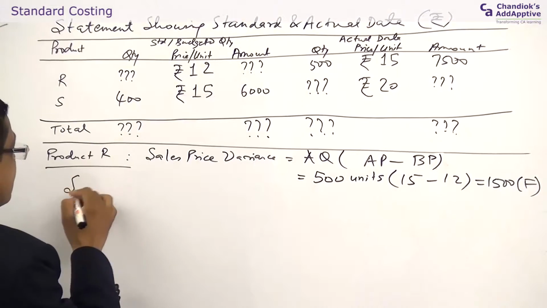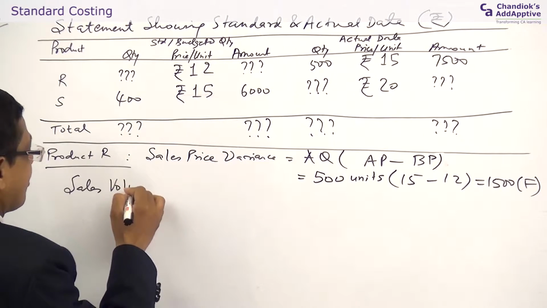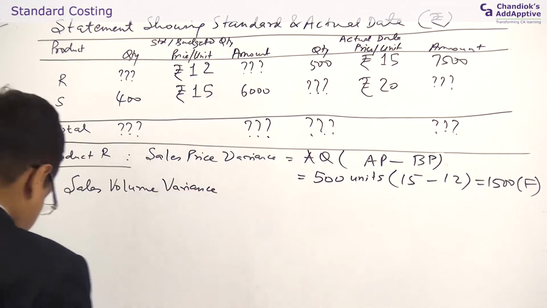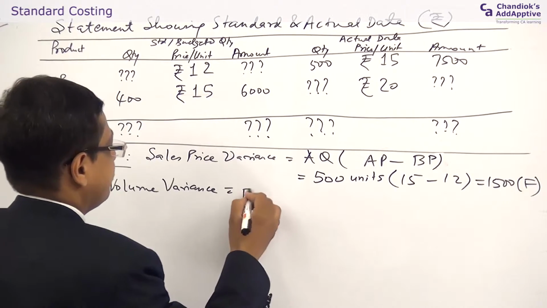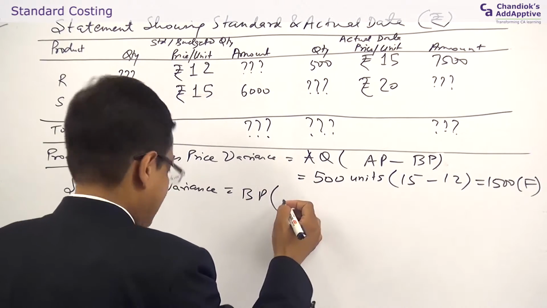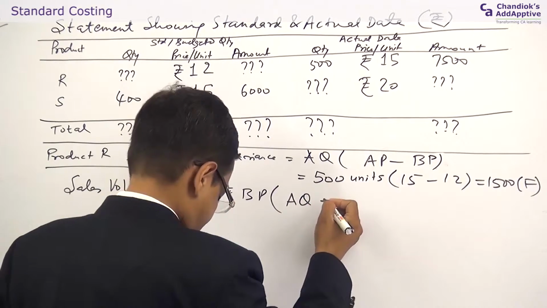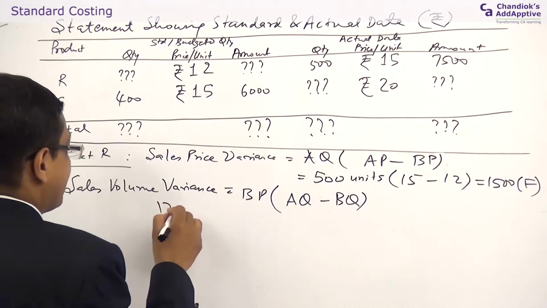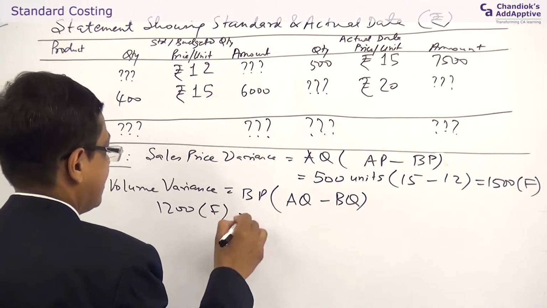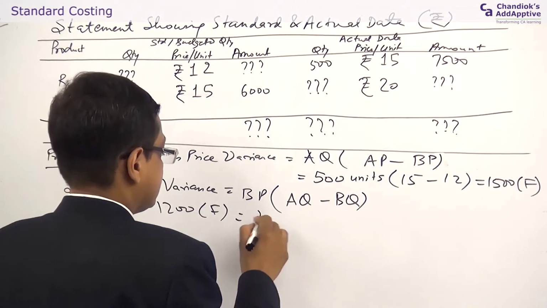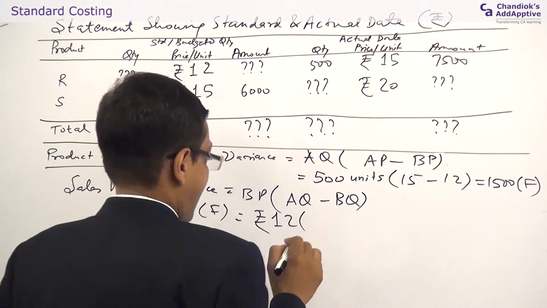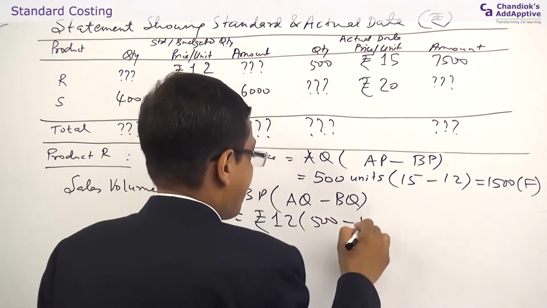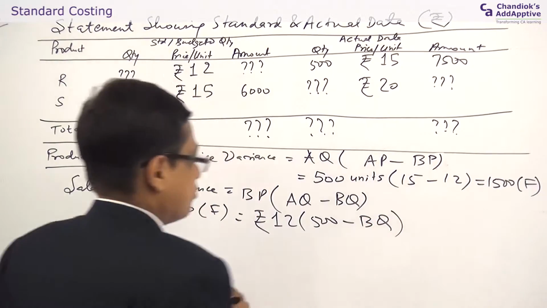Then you come to sales volume variance. The formula you already know: budgeted price multiplied by actual quantity minus budgeted quantity. 1200 favorable is equal to rupees 12, actual quantity is 500 units, budgeted quantity is to be found.